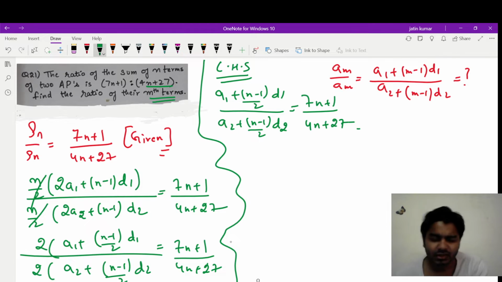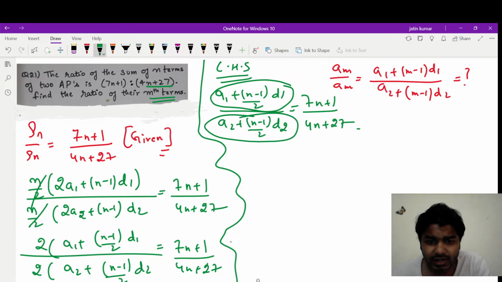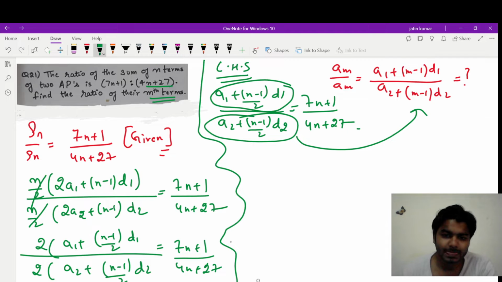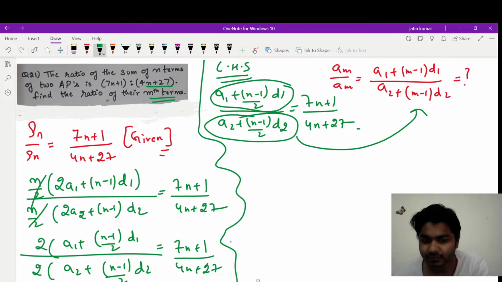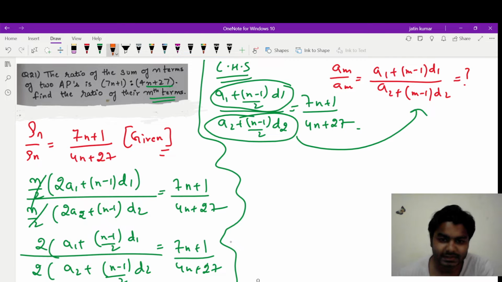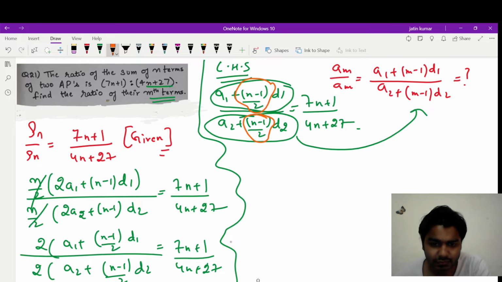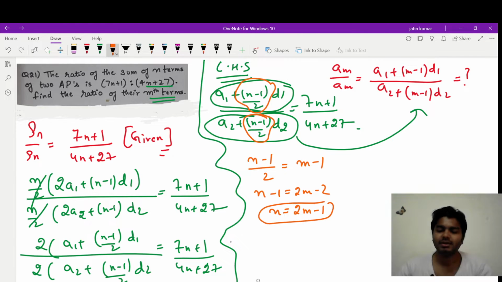In order to convert this equation into our required equation, do I need to replace (n minus 1) upon 2 with m minus 1? If I replace it, will I get my required equation or not? Yes, we will get. So (n minus 1) upon 2 should be equal to m minus 1. Find the value of n. N minus 1 is equal to 2m minus 2, so n is equal to 2m minus 1. So this is our n value.